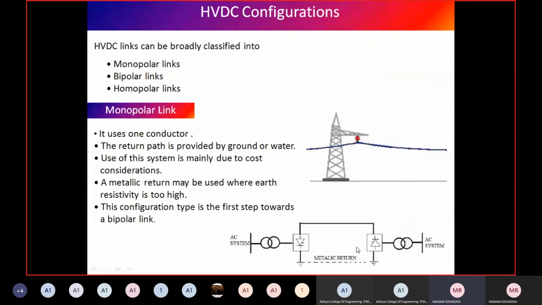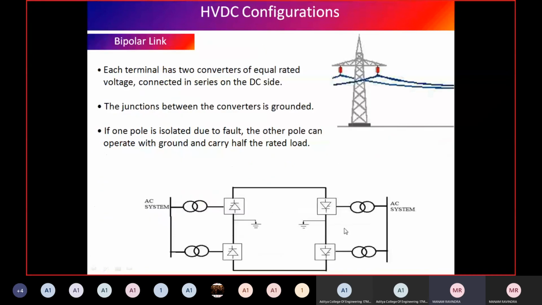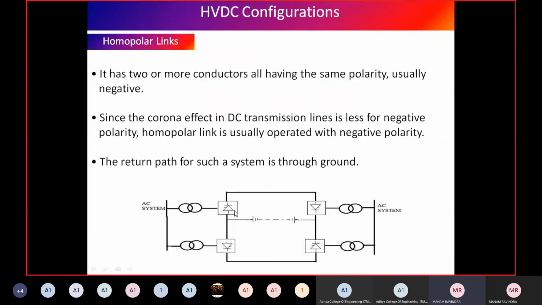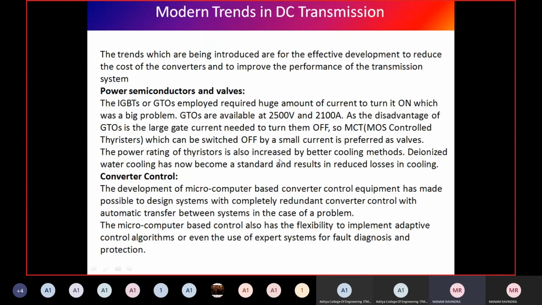This is similar to the monopolar. Since the corona effect in DC transmission is less for negative polarity, the homopolar link is usually operated with negative polarity. The return path for such a system is through ground.